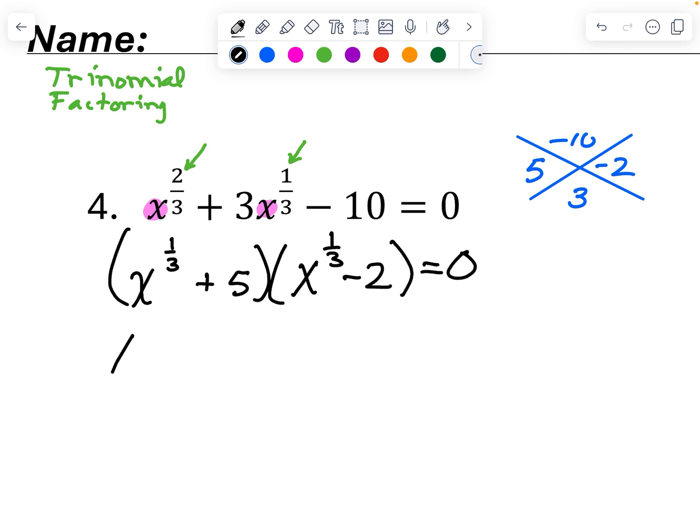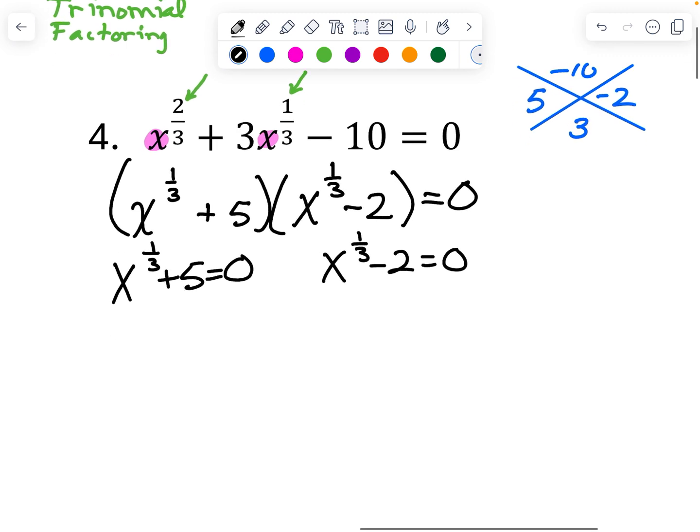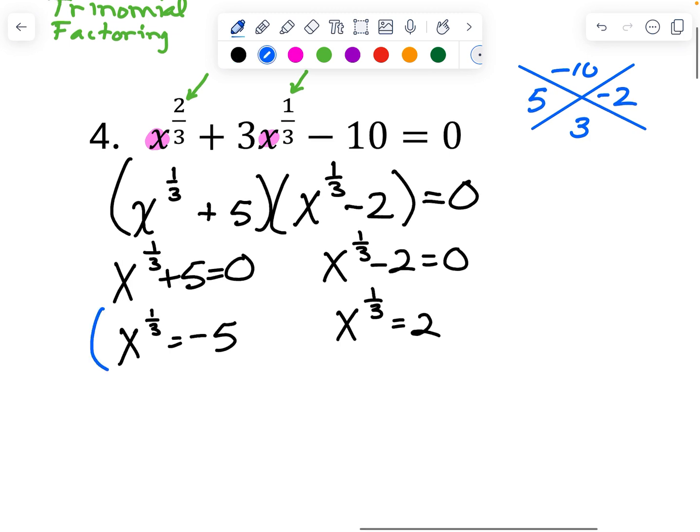Then you take this factor and set it equal to 0, and you take this factor and you set it equal to 0, and that will get you x to the 1/3 power equals -5. And this gets you x to the 1/3 power equals 2. Then you need to get rid of the 1/3 power, which means you need to cube this.